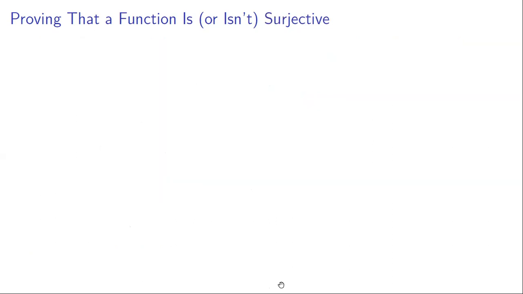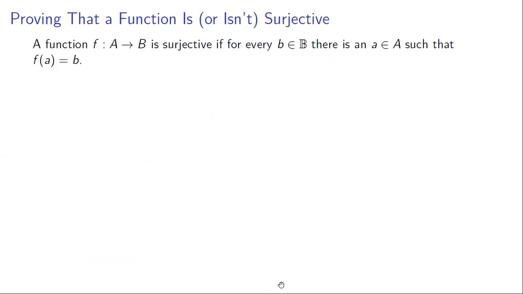How about surjective? Proving that a function is or isn't surjective. So recall that a function f from A to B is surjective if for every little b in B, again, I made a mistake. There's no reason for this to be in the fancy script. It's just a plain b, just like this b right here.